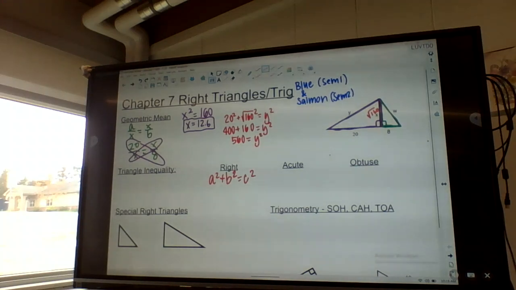So then we take the square root of 560 to find out our y would be about 23.7. And again, we do the same thing for w. Questions there at all?